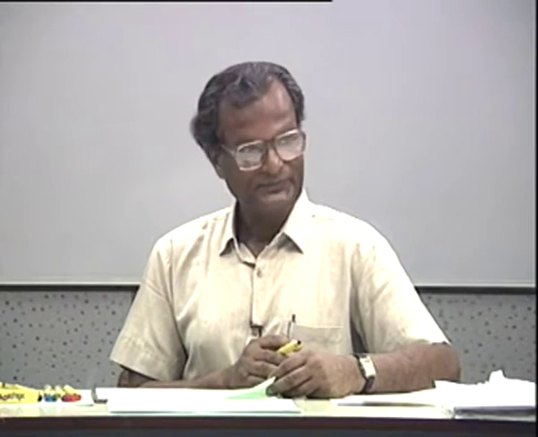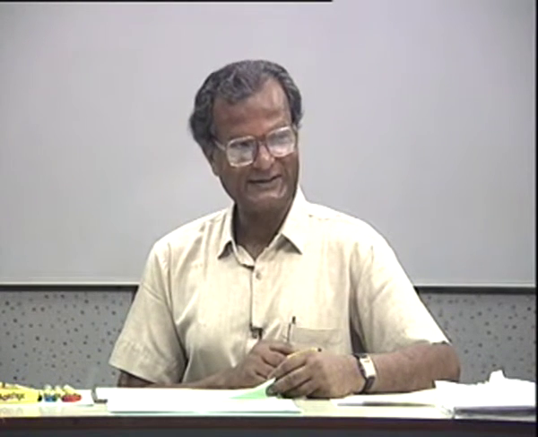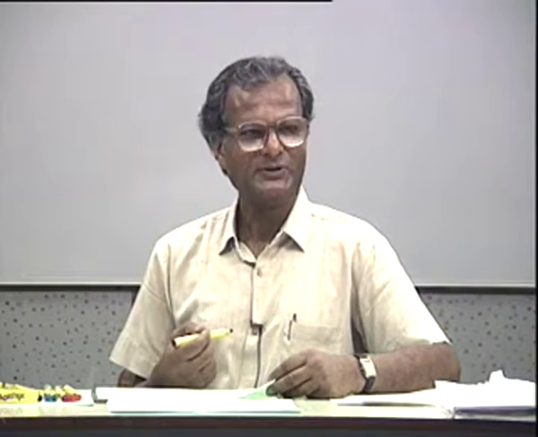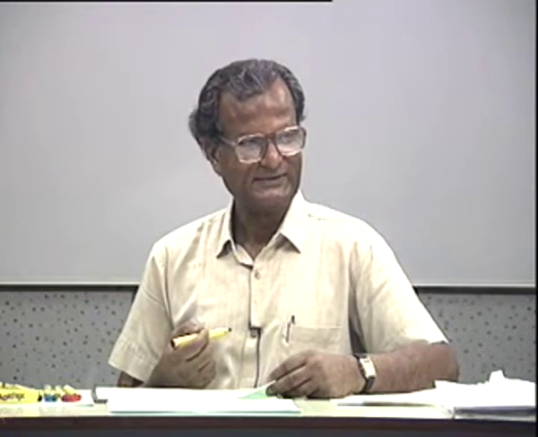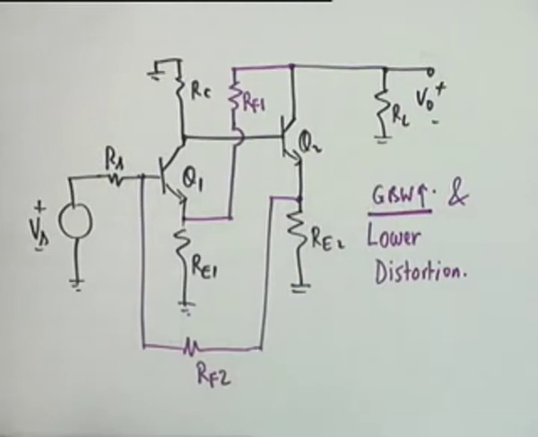Is it possible that both increase simultaneously? You see, in the cascade connection, the gain doesn't increase. What increases is FH, whereas here FH increases and also the gain, as compared to the previous circuit.